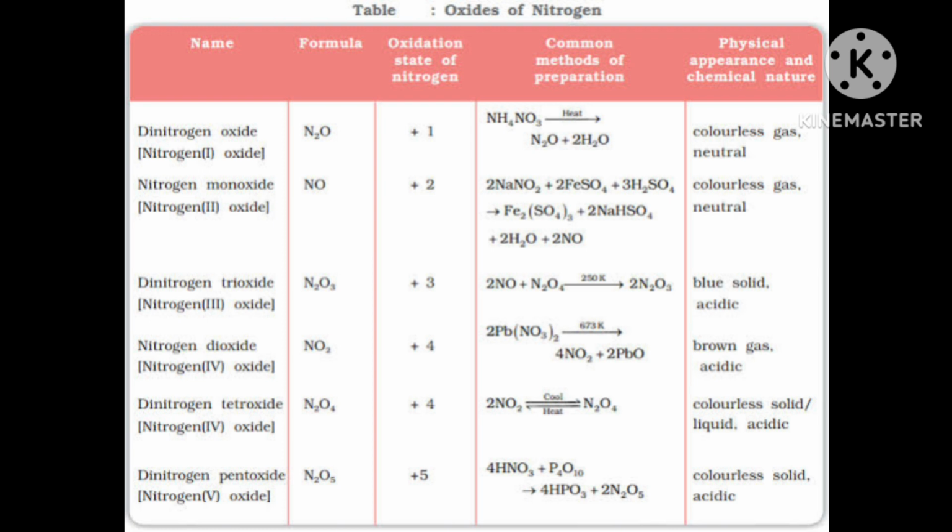This will affect the lone pairs. Now the first N will have only 1 pair, 2 electrons, because one pair is used up in making the triple bond.